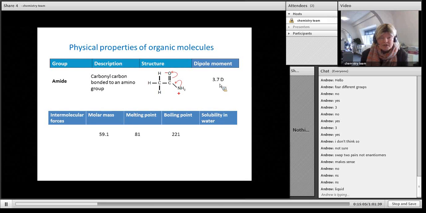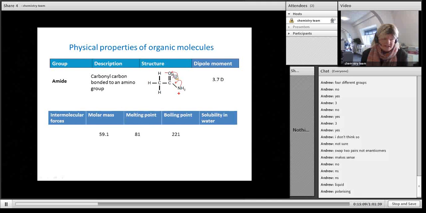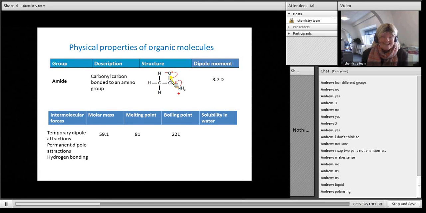So if nitrogen donates its electrons, oxygen can grab the electrons in the double bond to itself because it's got a higher electronegativity. So I've got a much stronger dipole moment for the molecule. And because it's so much stronger, an amide can have strong permanent dipole forces of attraction as well as hydrogen bonding, and of course the temporary.